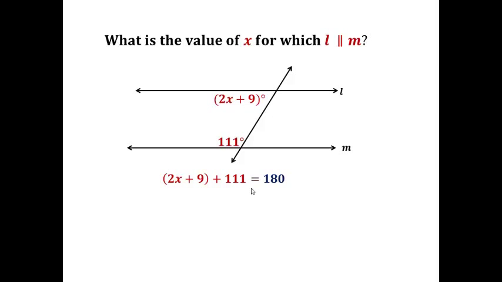So our equation would be 2x plus 9 plus 111 equals 180. And then just simplifying, 2x plus 120 equals 180. And then I'm going to use the subtraction property of equality to subtract from both sides. I'm left with 2x equals 60, and then do the division property of equality, and that leaves me with x equals 30.